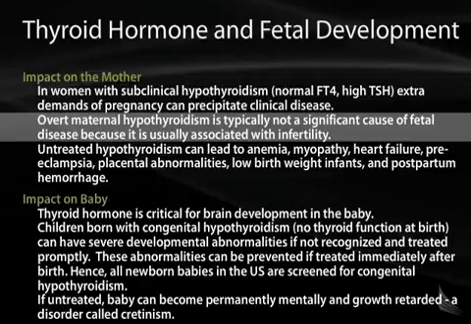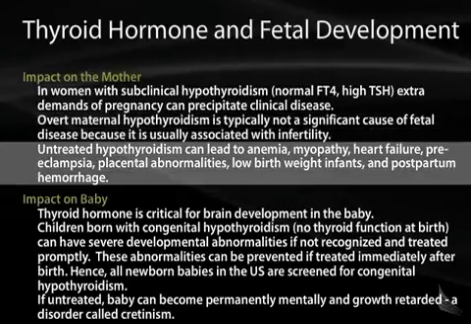And overt maternal hypothyroidism has significant consequences for the mom, such as anemia, myopathy, preeclampsia, postpartum hemorrhage, and so on. So to avoid these complications to the mom, it's very important to make sure that we screen and treat subclinical hypothyroidism in pregnancy.